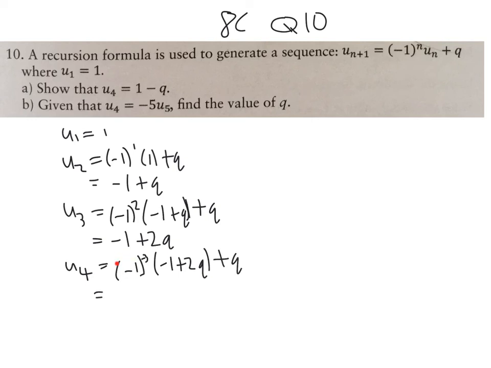Now this becomes negative 1, so negative 1 times negative 1 is positive 1, and negative 1 times 2q is negative 2q. So we have negative 2q, but we add on q, which gives us negative q, which is what we wanted here.